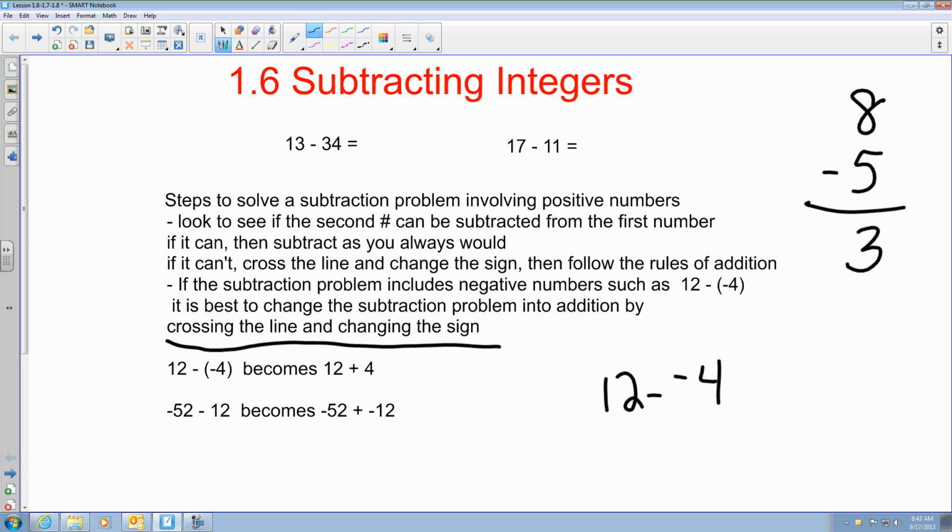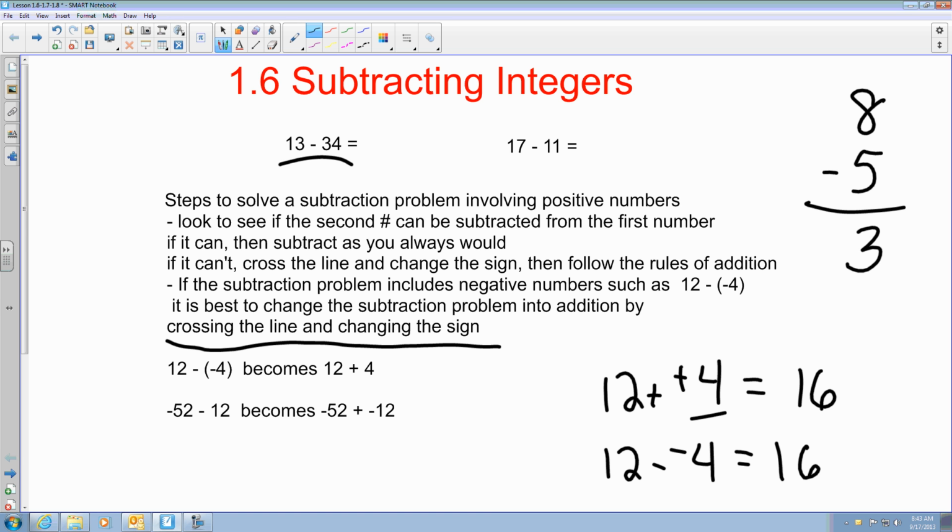What they mean by crossing the line means making an addition problem. And then changing the sign, you're only changing the second value, from a negative 4 to a positive 4. So now 12 plus 4 equals 16. That means that 12 minus a negative 4 must equal 16 as well.